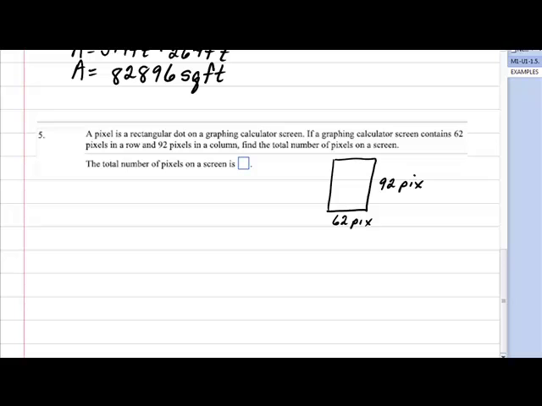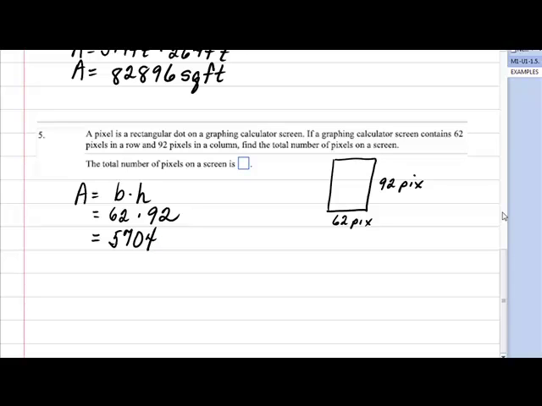So I will find its area in total pixels. So the area is still the base times the height. So it's going to be 62 times 92, and let's see how many that will be. I'm going to have 5,704. Each one of these is a rectangular dot, and so I'm going to have this many pixels.